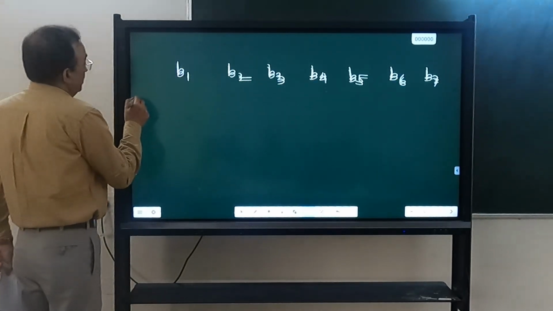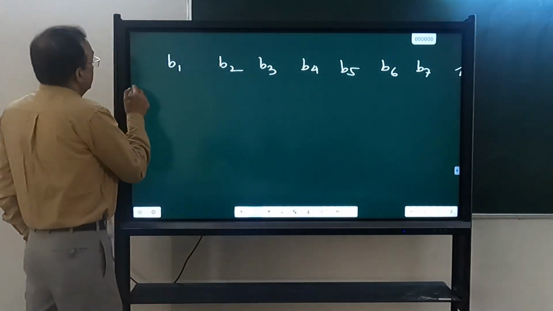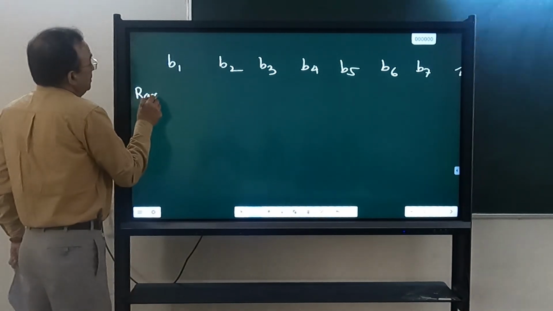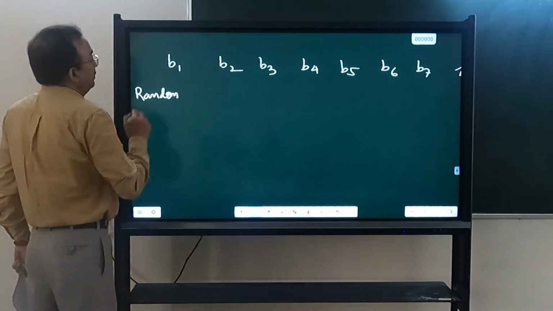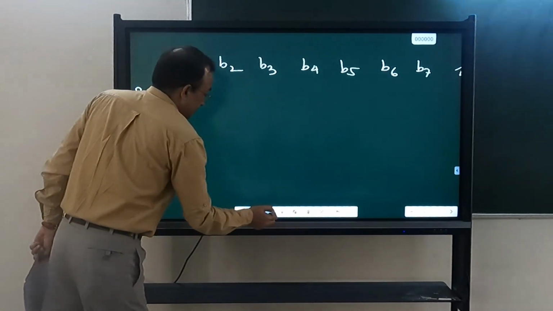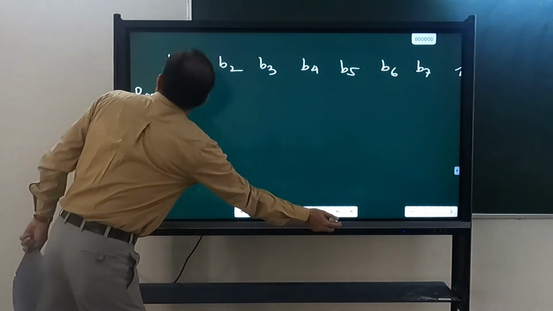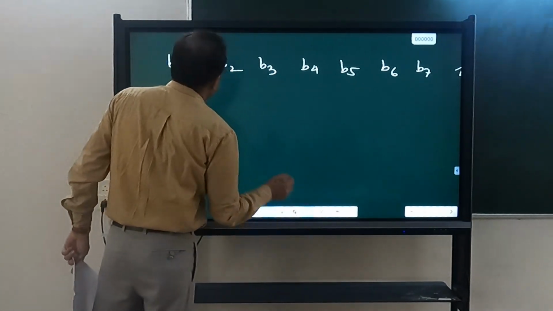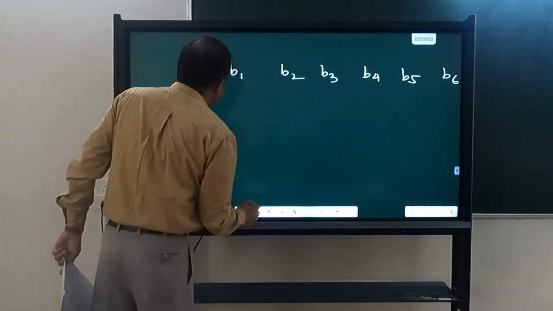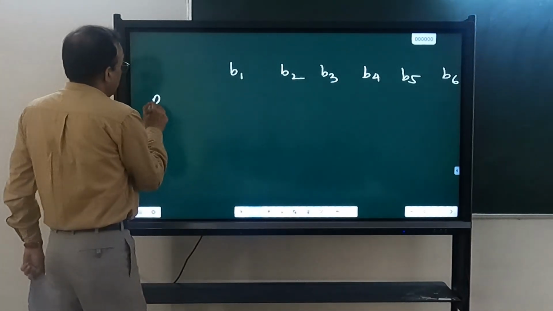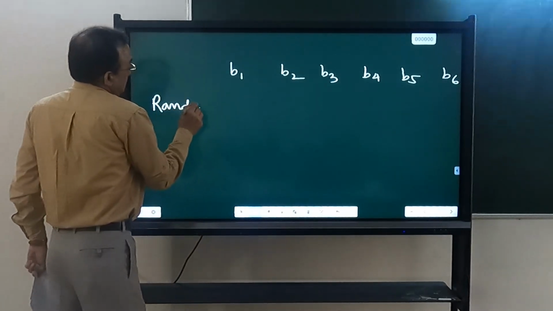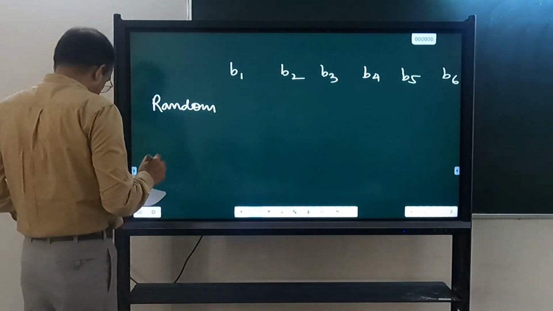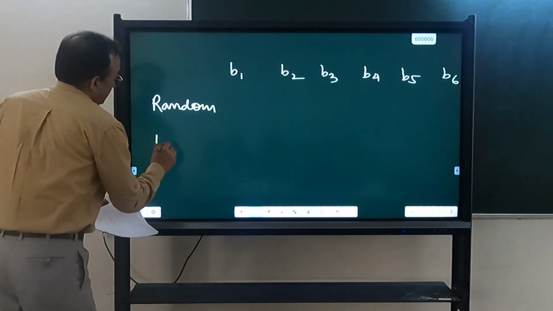They did two exercises: one considering the random component of earthquake, and one considering the larger component of earthquake.